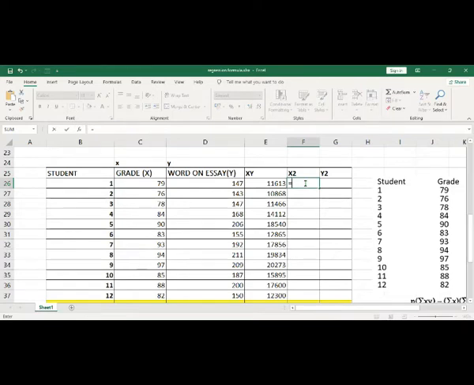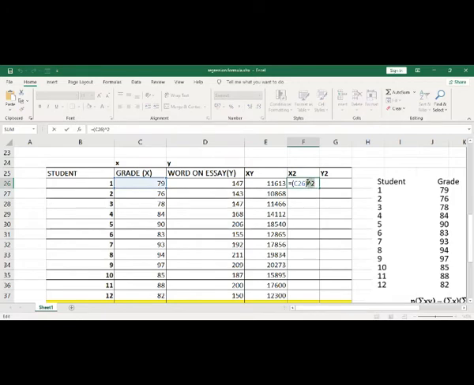So we have to have the open parenthesis, then click on the first number, which is x. Then close parenthesis. Then raise to 2 natin. So shift 6, then 2.